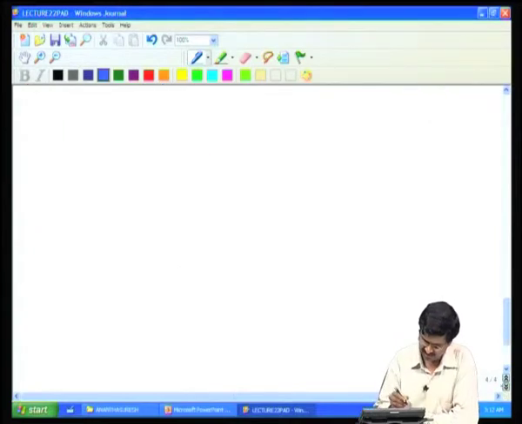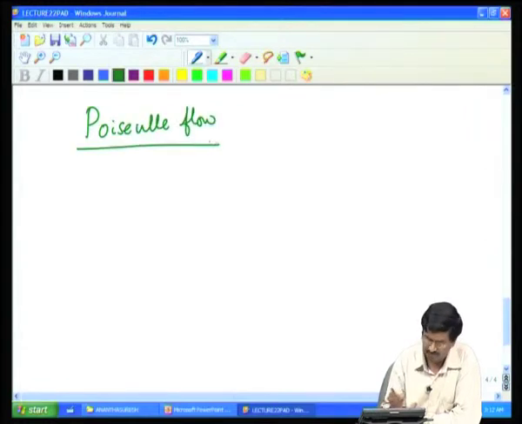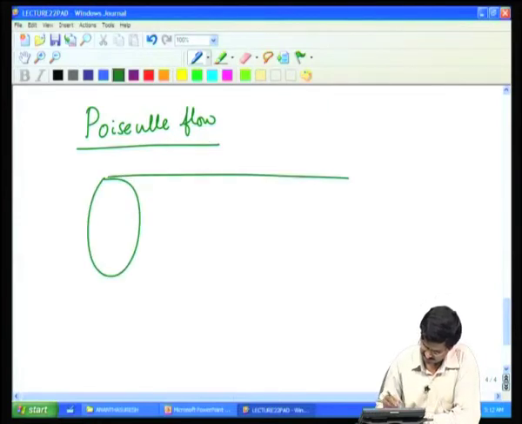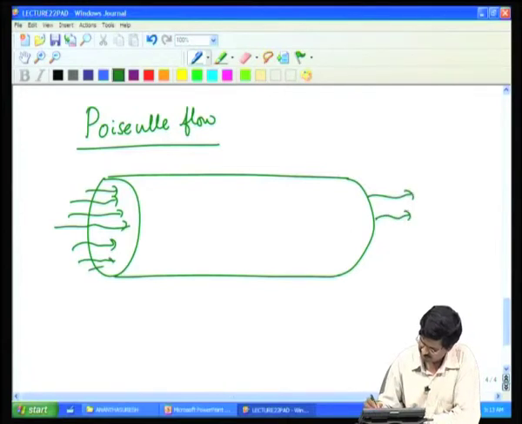We considered what is called Couette flow. Let us consider another flow which is called Poiseuille flow, or pipe flow. So, here imagine that we have a pipe in microfluidics, and fluid will be going through it and coming out. Inside what happens?